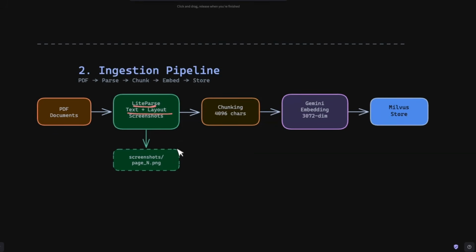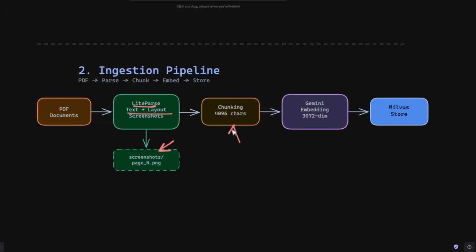And for those, we actually take screenshots and store them separately. Now, this is helpful because you don't have to take a screenshot of every page. You only take screenshots of the pages that actually have visual content in them, like images or graphs. But you also keep all the text components, which are going to be critical for text-based retrieval.